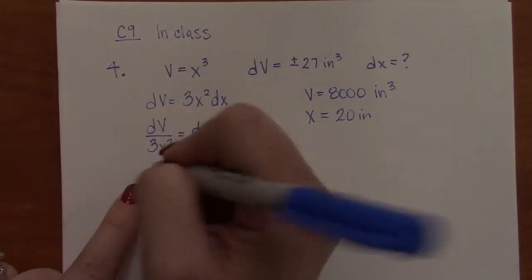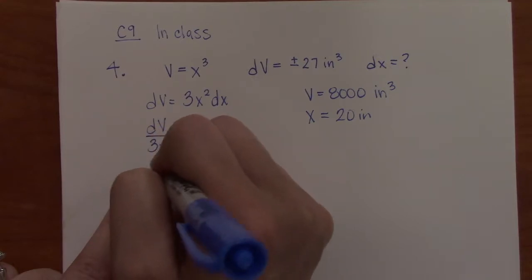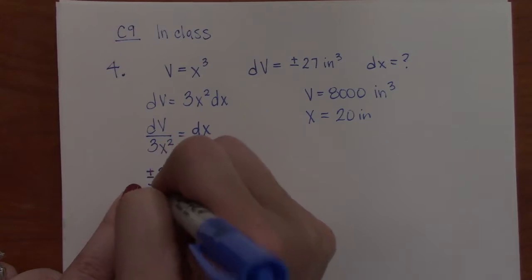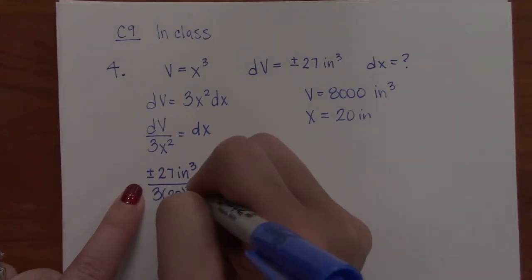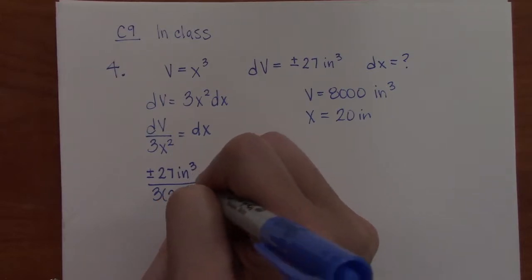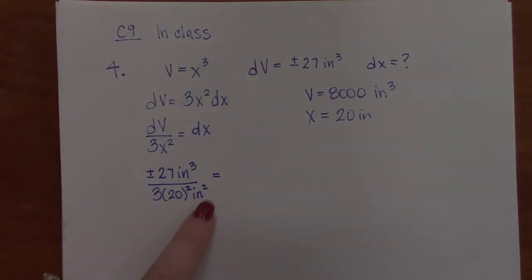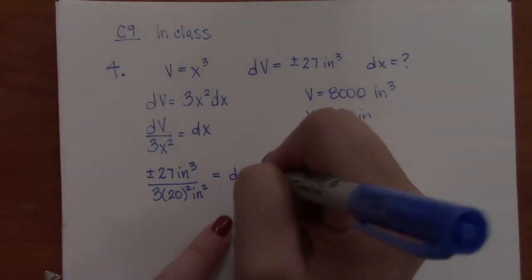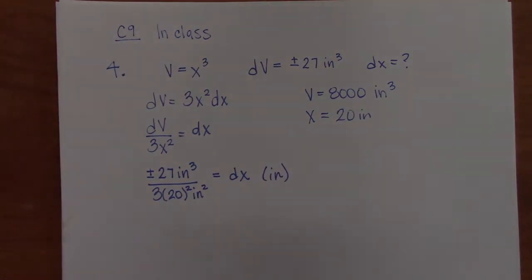So now if we come down here, we've got plus or minus 27 cubic inches divided by 3 times 20 squared. Since 20 was in inches, this comes out in inches, or units as desired. So you could have left it as plus or minus 27 over that. You could have changed that to 1,200. You could have simplified it, but that's the minimum that you needed to do.